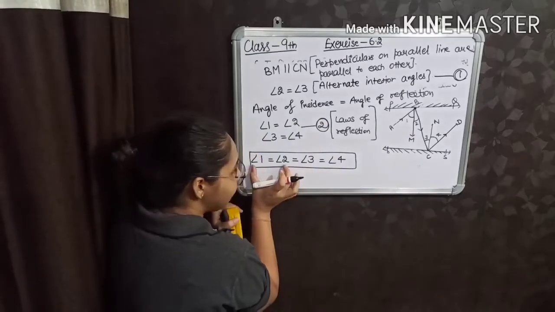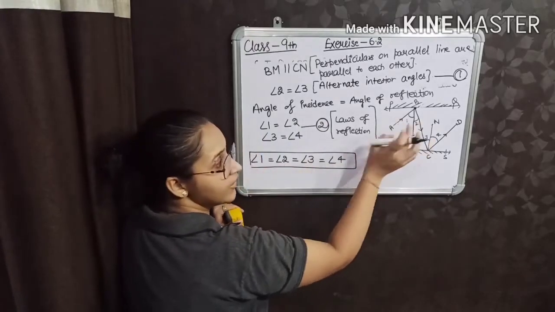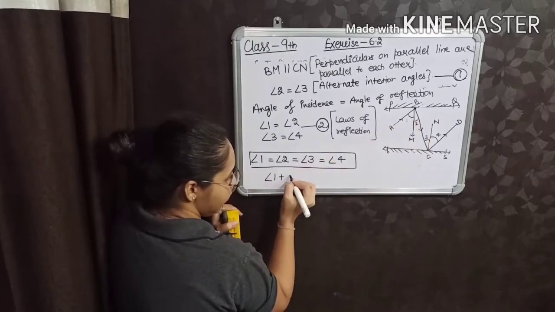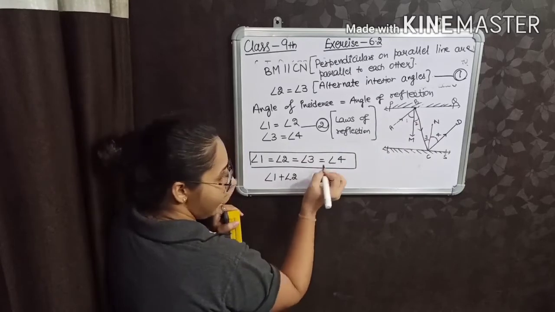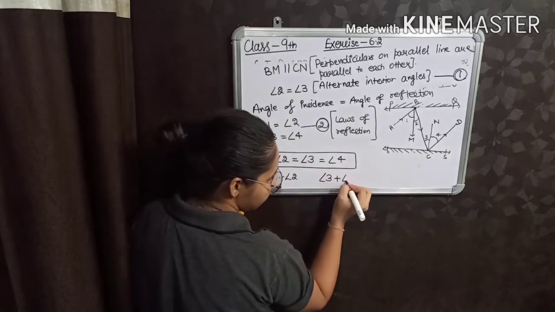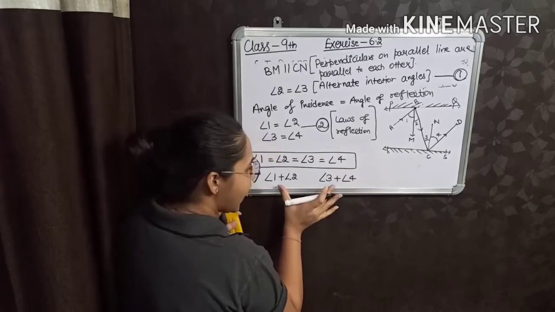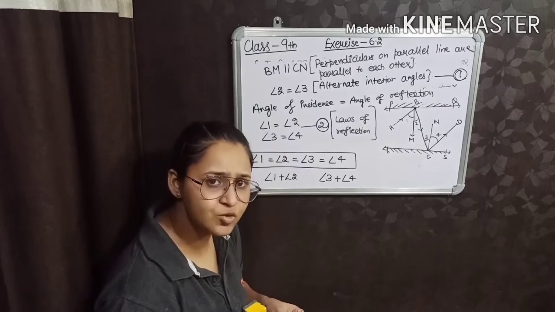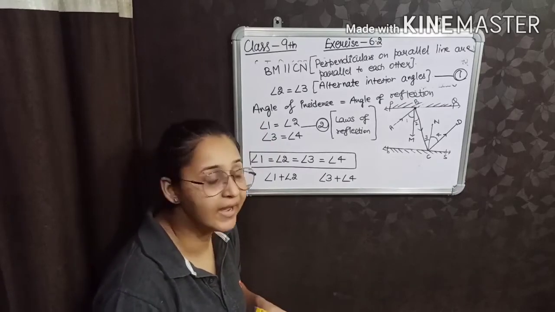Now, if I take angle 1 and angle 2 on one side, angle 1 plus angle 2, and I am adding angle 3 and angle 4 on the other side, are these two sides equal? Yes. Why?